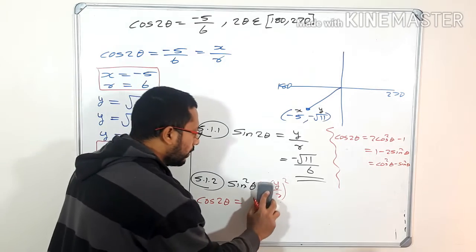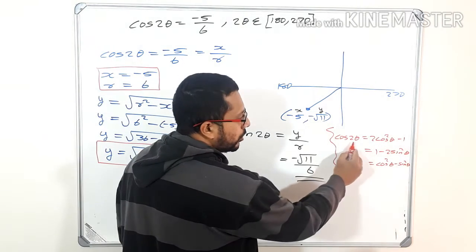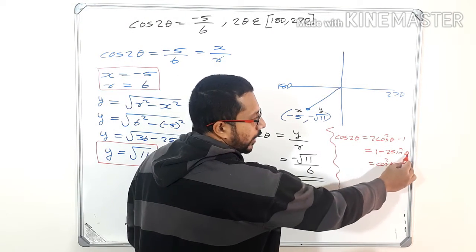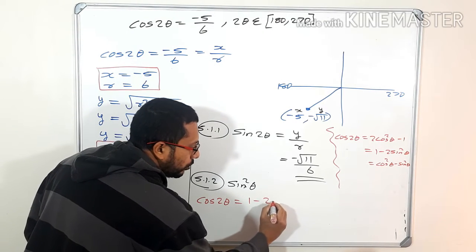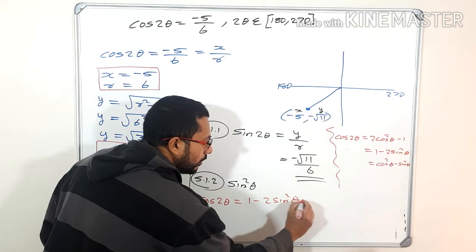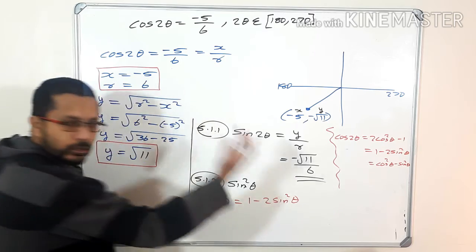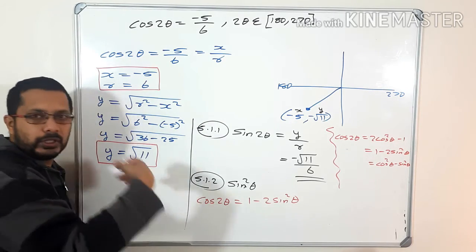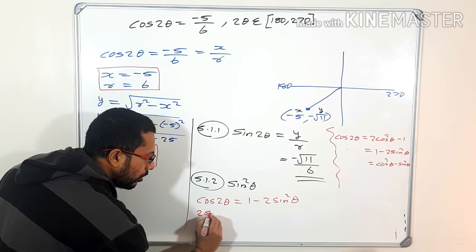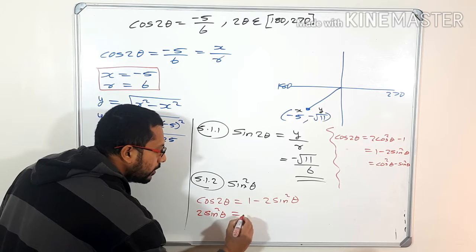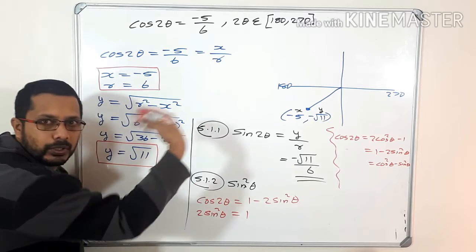So now look at this double angle formula. Cos 2 theta is equal to 1 minus 2 sine squared theta. If I take this minus 2 sine squared theta to this side and this cos 2 theta to that side, then 2 sine squared theta is equal to 1, and I take this cos 2 theta to the right side.